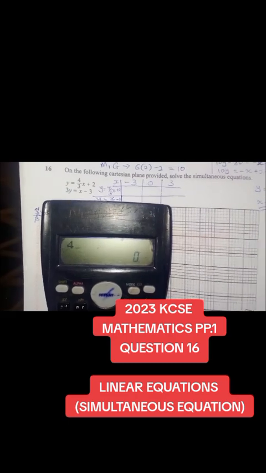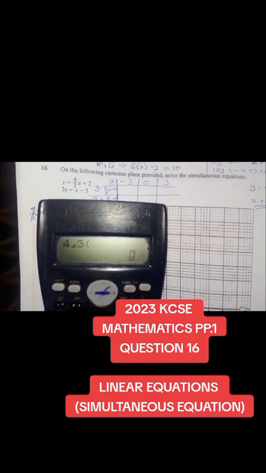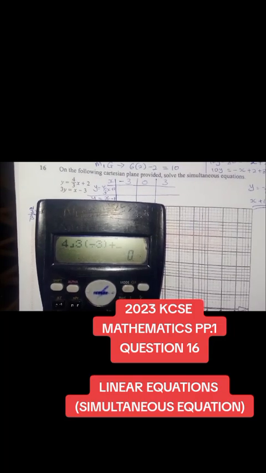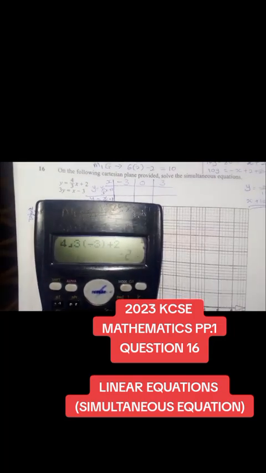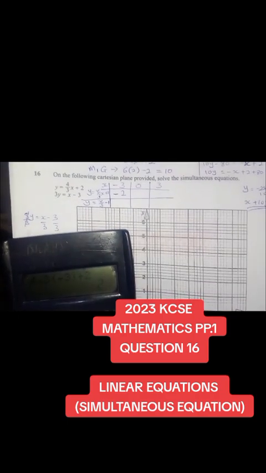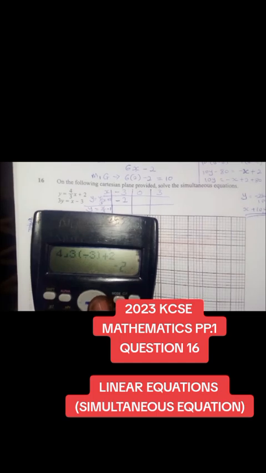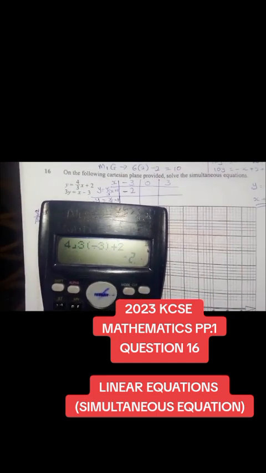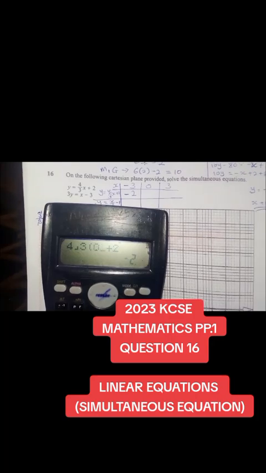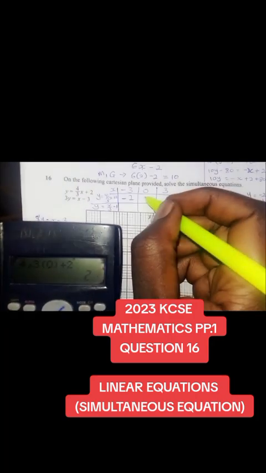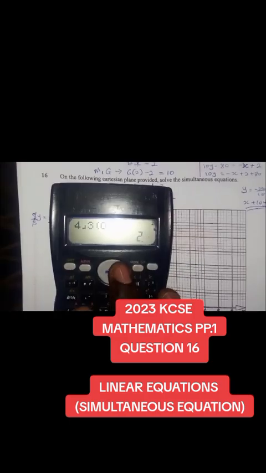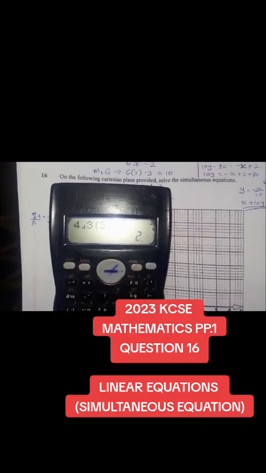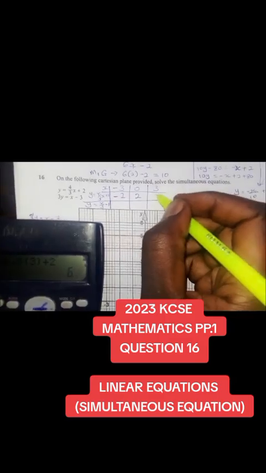I'm going to press 4 over 3, then negative 3 plus 2. So I have negative 2 for the first box. Then I'm going to replace the negative 3 with 0. So here I have 2, and lastly substitute 3. So I have 6.